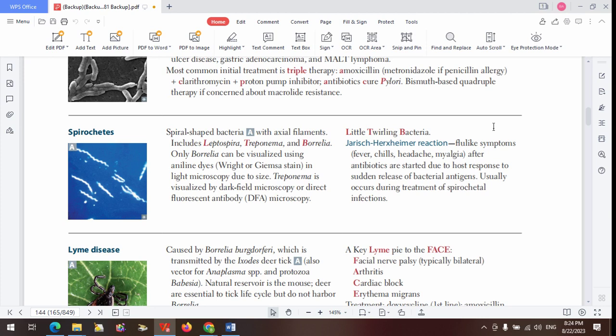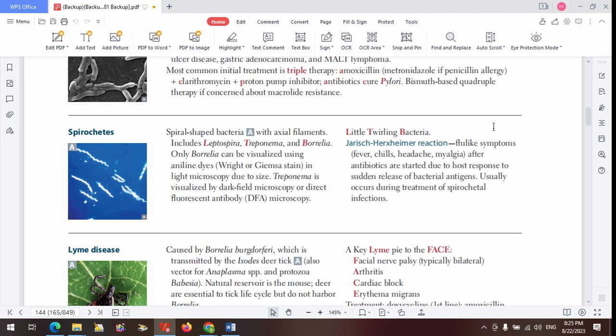We talked about the Jarisch-Herxheimer reaction. This is just like a short-course inflammatory response to commencement of the antibacterial for treating the spirochete. So if somebody has leptospirosis, Treponema infection or Borrelia, and we give the drugs, for example, in Treponema, we give penicillin G, and immediately we start that penicillin, the person starts developing fever, chills, rigors, headache, malaise, nausea, and all those things.